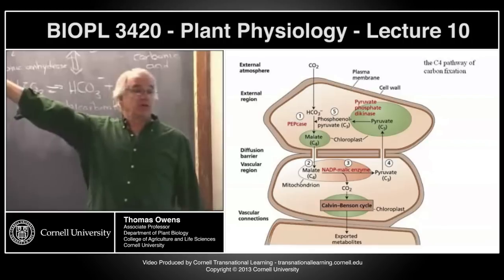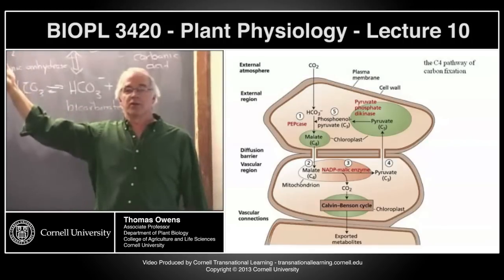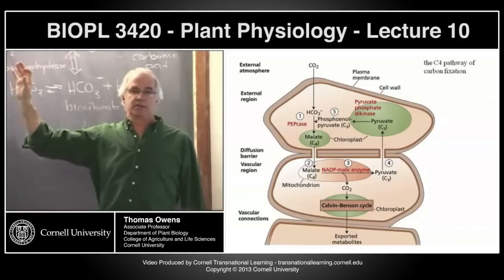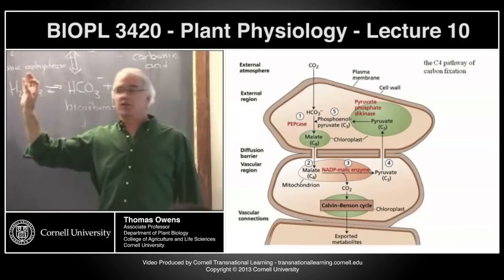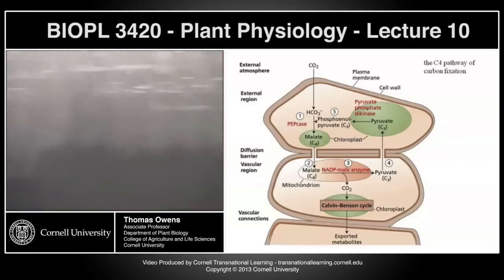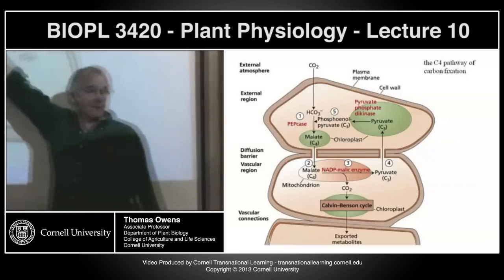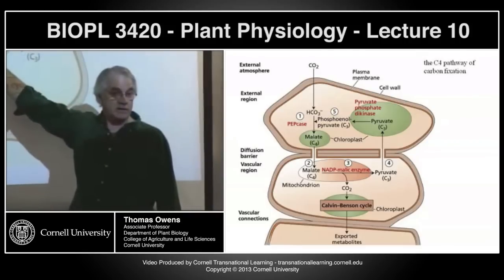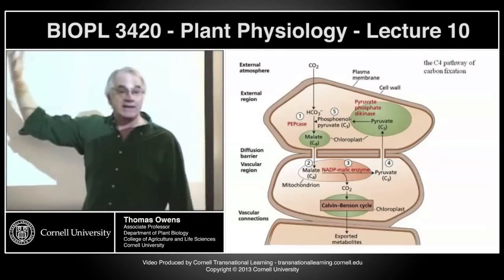So C4 photosynthesis is very much like photorespiration. It borrowed existing enzymes to carry out different functions. None of these enzymes that catalyze this metabolic CO2 pump are new enzymes. They were already there. Certainly they must be regulated differently.